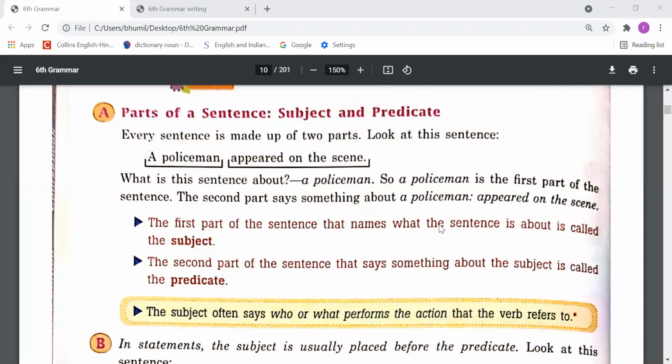So "a fan" is the subject, and the rest of the part, what we are talking about the subject, that part is the predicate. "Is going on," that part is the predicate, right? If I say "Students are learning English," we are talking about the students, so "the students" is the subject and the rest of the part is the predicate, right? So about whom or what we talk in a sentence, that part is the subject, and what we say about the subject, that part is the predicate, right?